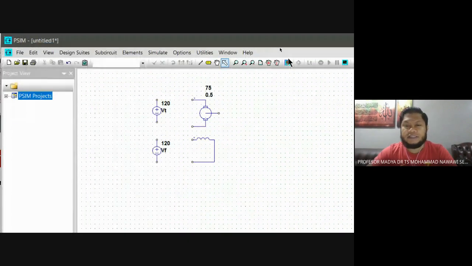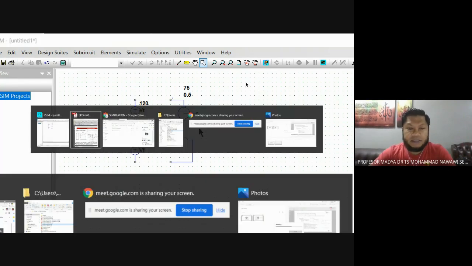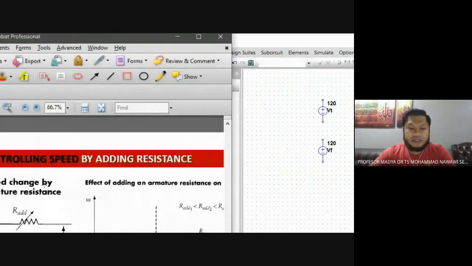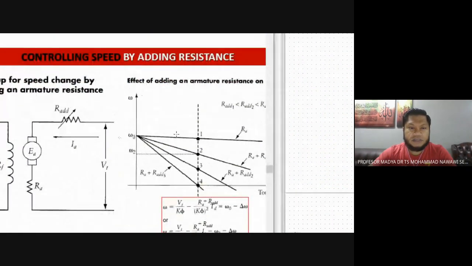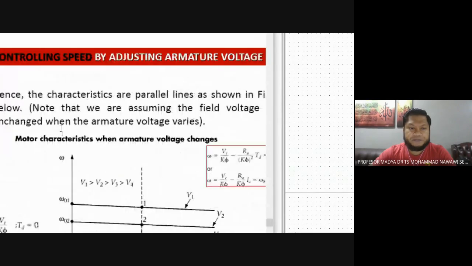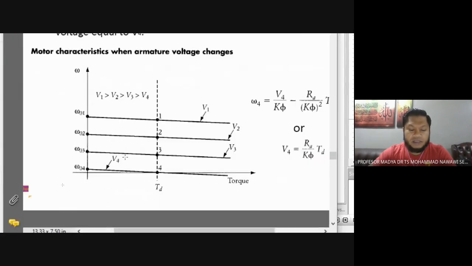Okay, so next is to look into the load. Okay, this is the DC motor source. Now we're going to put in the load. So if you look at my slides just now, we have a constant load, isn't it? We discussed the additional resistance, and when we look into the armature resistance, we always look at the constant load operation, isn't it?